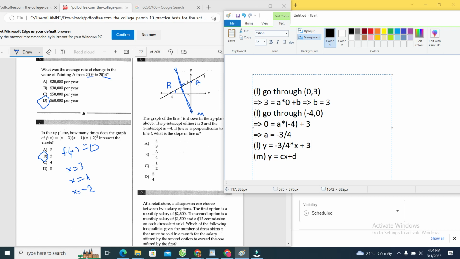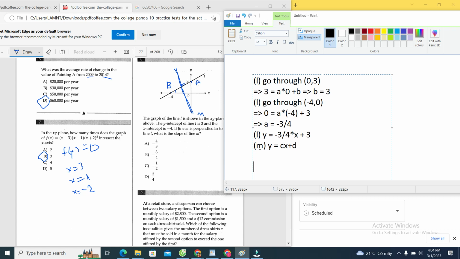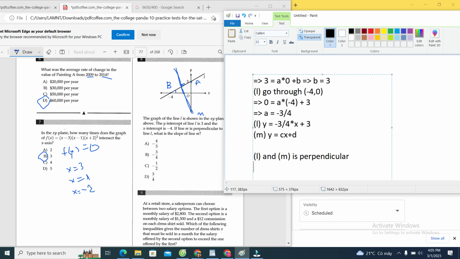We know that L and M are perpendicular, which means the product of their leading coefficients is minus 1.